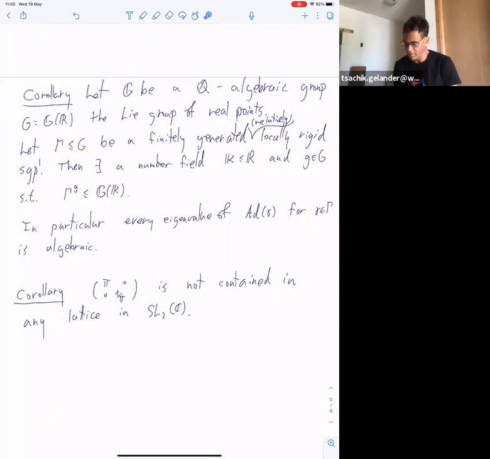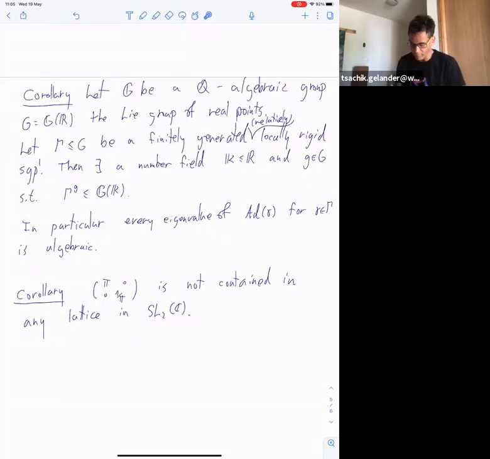Gamma here is a locally rigid subgroup. So if you give me SL2 and a subgroup, and for some reason you know that the subgroup is locally rigid, then you can still deduce this. Lattices in SL2 are not locally rigid, but there are other groups in SL2 which are locally rigid. For instance, there are some dense groups like SL2 of Z adjoined square root of 2 which is locally rigid. So it's a finitely generated group which is locally rigid.